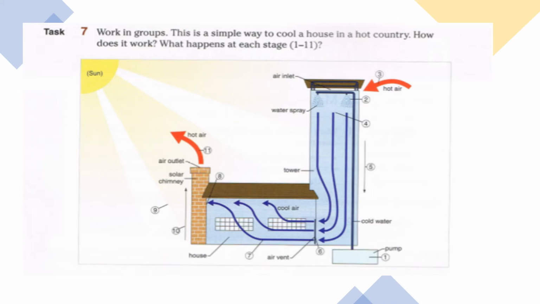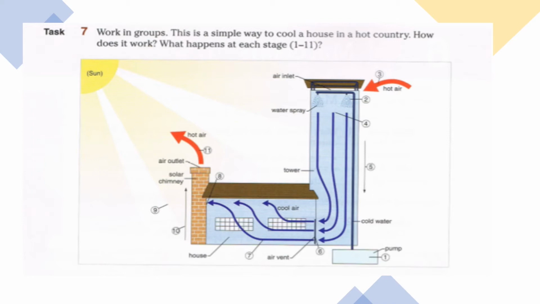Number 6, there is an air vent, the hawaya, that allows the air to enter the house. Number 7, and inside the house the air is cool. Of course, we see that the air is rising. We see this from the arrows, and it goes to number 8.